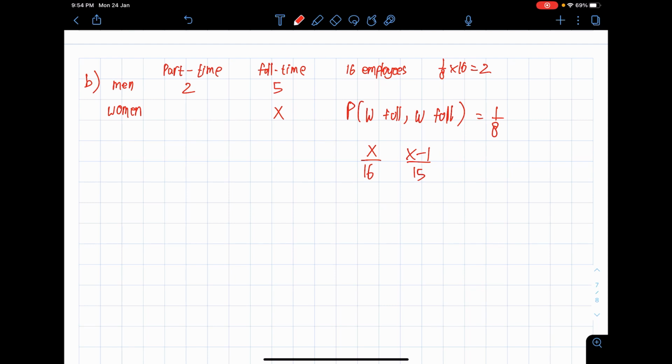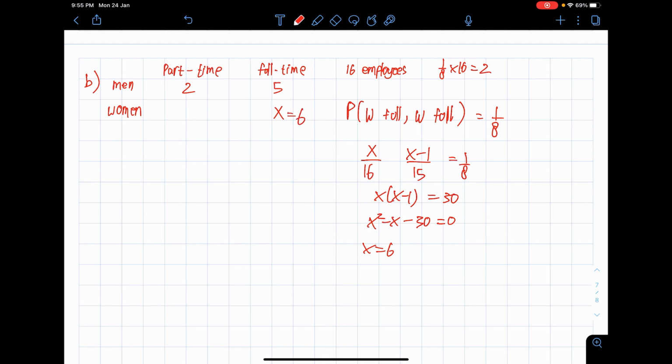That's why you need to put X minus 1 over 15. Then you just need to cross multiply this. X squared minus X minus 30 equals 0. So X will be 6 or -5, which doesn't make sense. So there are 6 here.